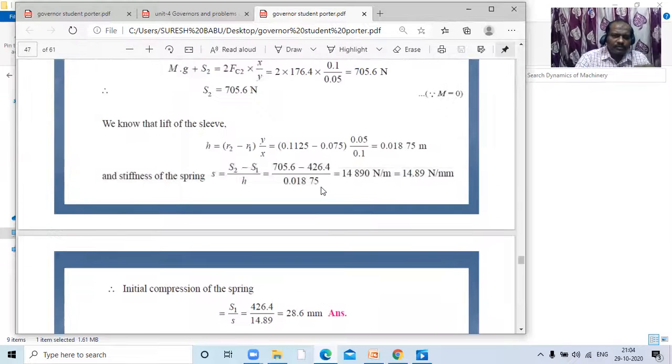Third formula is how to calculate H. H is equal to R2 minus R1 by Y by X. Thereby, we have completed the aim of this problem, that is finding the stiffness of the spring, finding the equilibrium RPM, revolutions per minute. So this is how we can go for this classification.